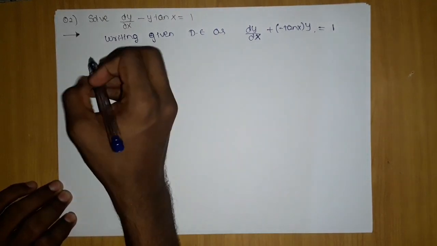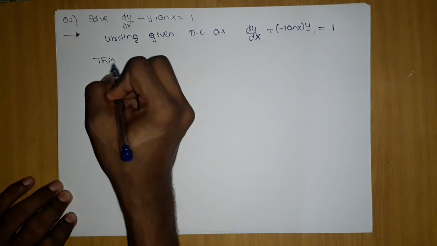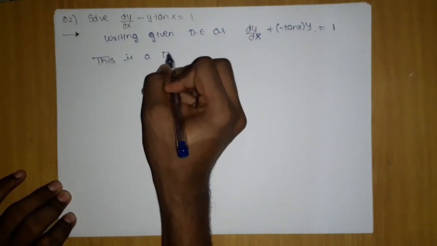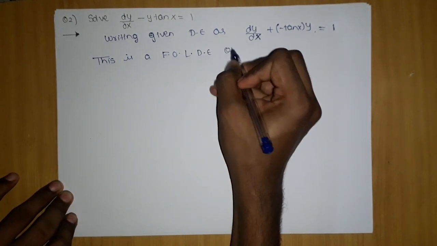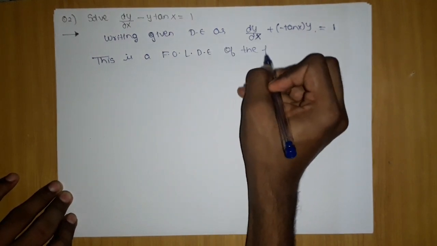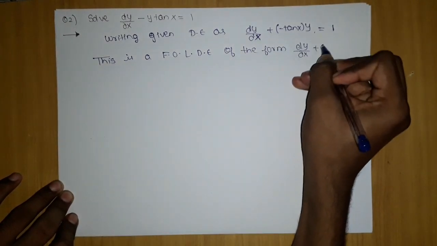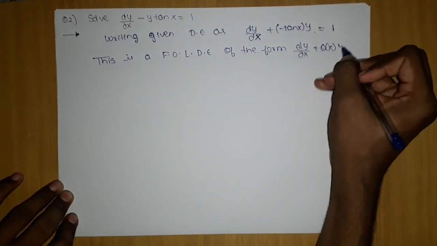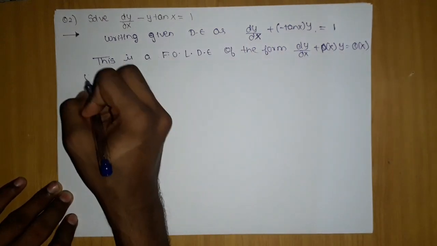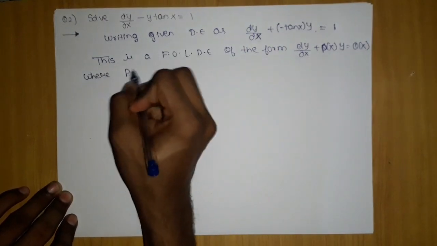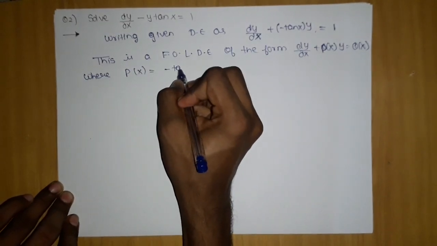After writing this, you can clearly make out this is a first order linear differential equation of the form dy by dx plus p of x into y equals q of x, where p of x is minus tan x.